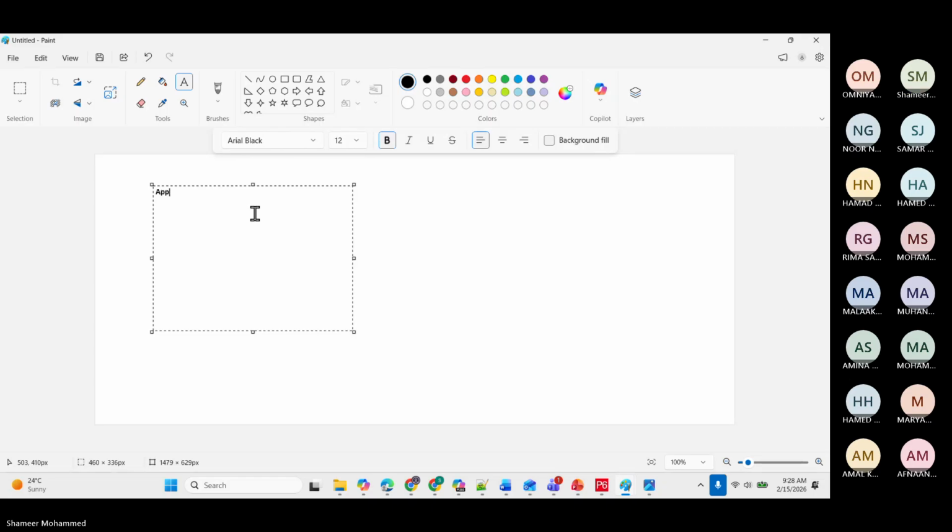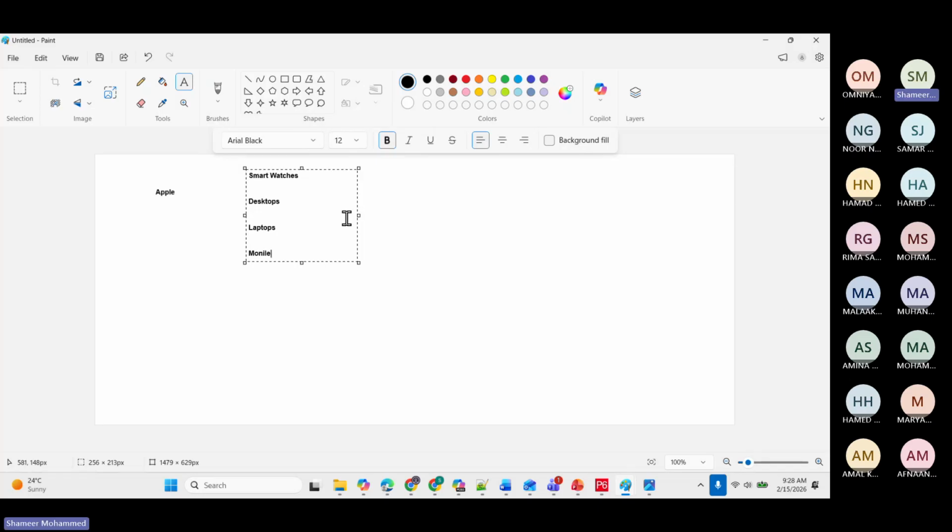Now, what I say, you know this company, Apple. What type of products does Apple design? Smartwatches, desktops, laptops, mobile phones. They have printers, iPads.